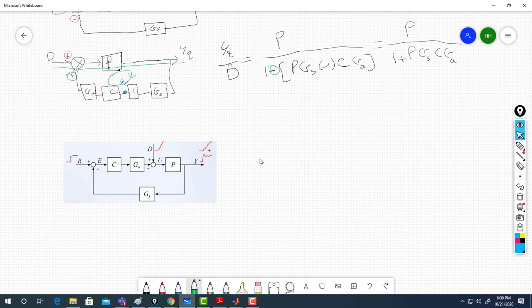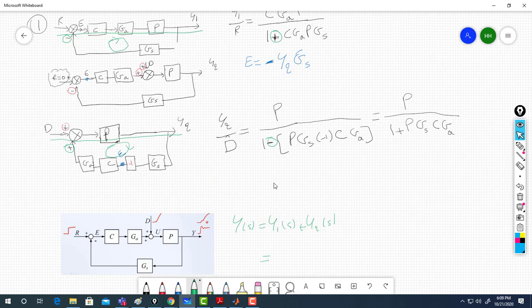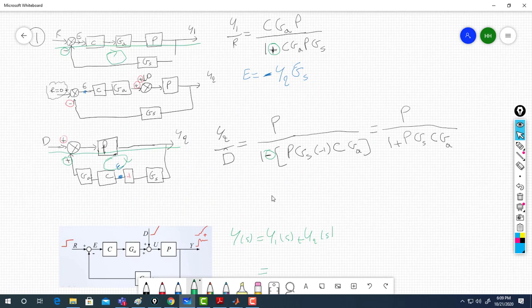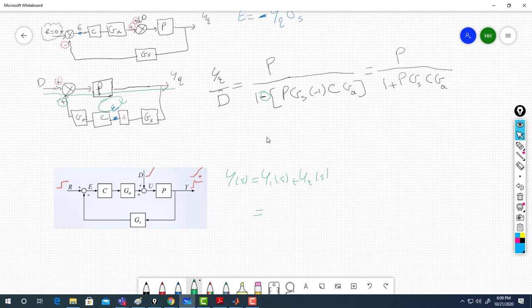Then you come here and you tell me, then y of s equals y1 of s plus y2 of s, should be equal to, if you want this rule here, CGAP over 1 plus CGAPGS. Hopefully I don't forget it.